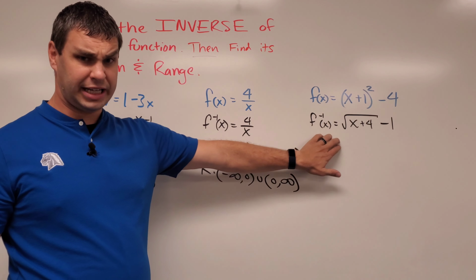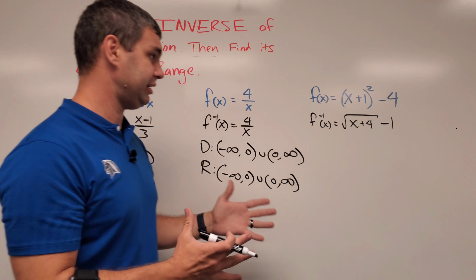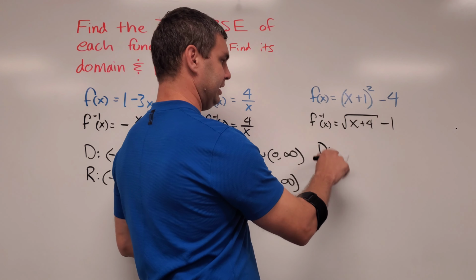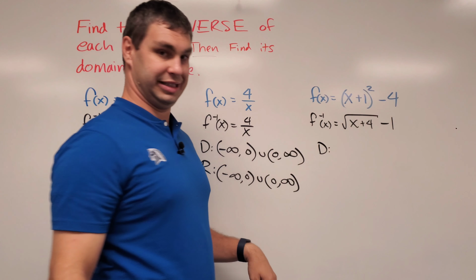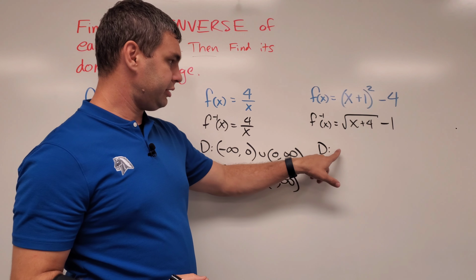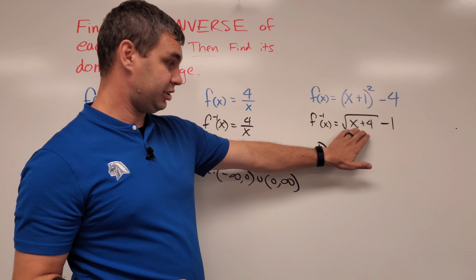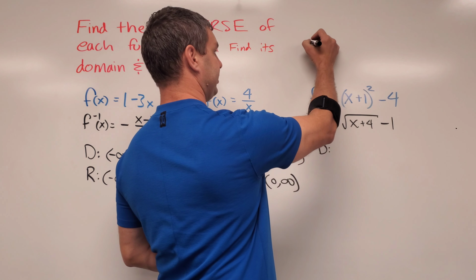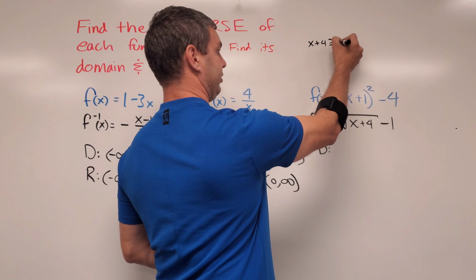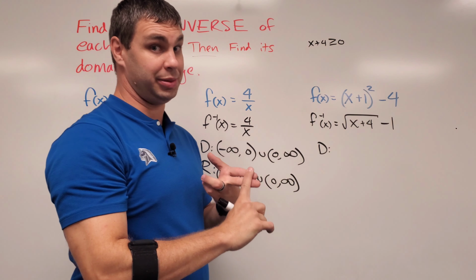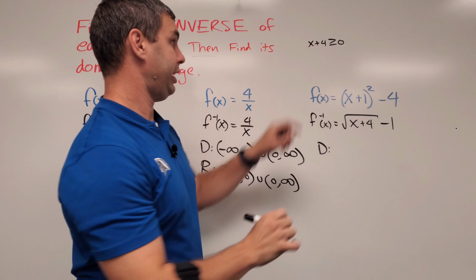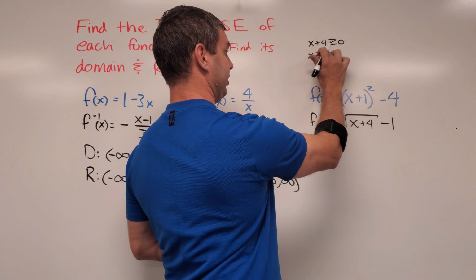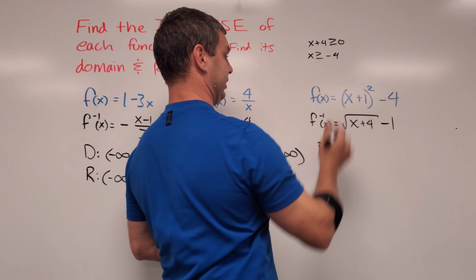Okay. The last one's probably the most interesting, where things actually happen a little bit here. So again, if I want to find the domain of this one, the domain of the black function, the inverse if you will, we have a square root, and inside that square root, if I set x plus 4 greater than or equal to 0, because it can be positive, it can be 0, but it cannot be negative, then what happens is I get x is greater than or equal to negative 4 when I subtract that over.